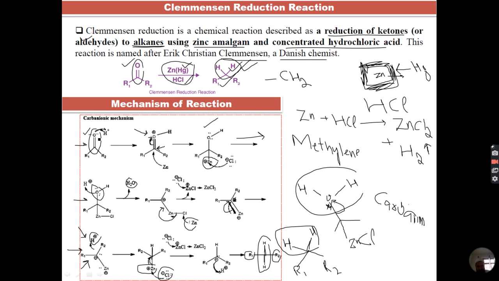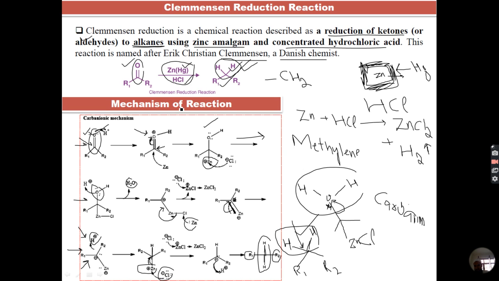So what has happened overall, if you look from one angle, is that now we don't have oxygen in the compound. The release of oxygen, removal of oxygen, is also reduction. Second, we have added hydrogen atoms on this carbon. Addition of hydrogen is also reduction. So in both cases, this carbonyl compound has been reduced with the help of zinc, mercury and concentrated HCl.